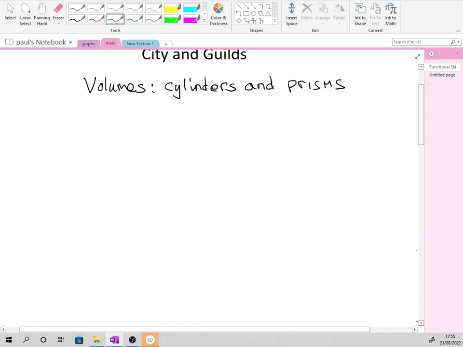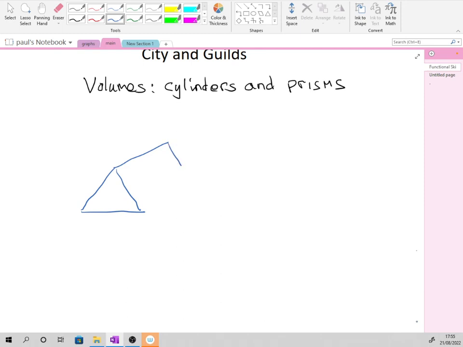Now, if you remember, a prism was this sort of shape, like the tent or the Toblerone chocolate bar, yeah? Now, to work out the volume of this, what we need is the width, so we'll call that 10 centimeters, the length, call that 20 centimeters, and we also need the height.